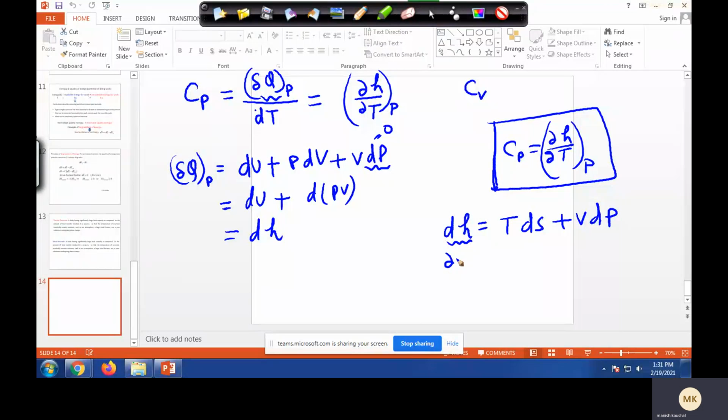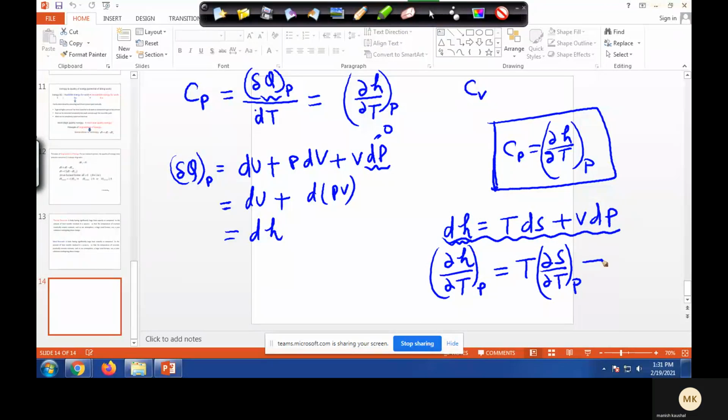So what we want is ∂H/∂T at constant P. Let's do it. Differentiate this equation with respect to T at constant P. So ∂H/∂T at constant P: here we have T ∂S/∂T at constant P plus this term, which at constant P is 0.